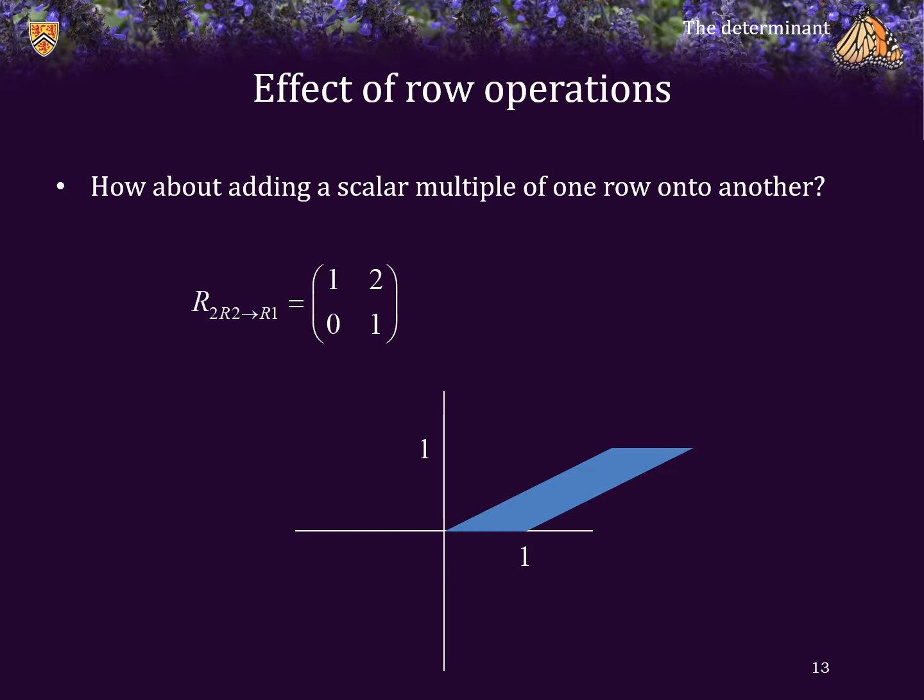We've simply sheared along the first dimension. So consequently, it seems that adding a multiple of one row onto another, or if we're multiplying a vector by this matrix, adding a multiple of one entry onto another, has the effect of completely preserving the area, and so therefore the determinant is equal to 1.